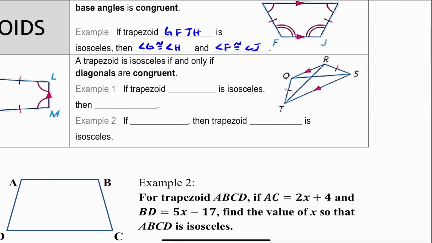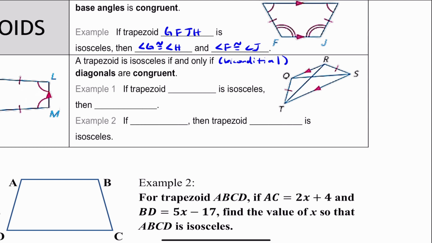A trapezoid is isosceles if and only if, so this is a biconditional, goes both ways, if and only if the diagonals are congruent.